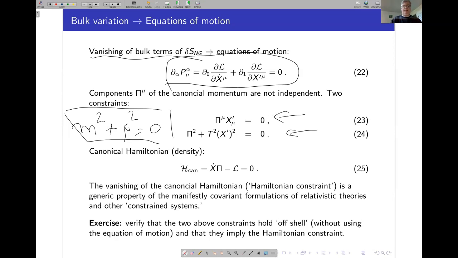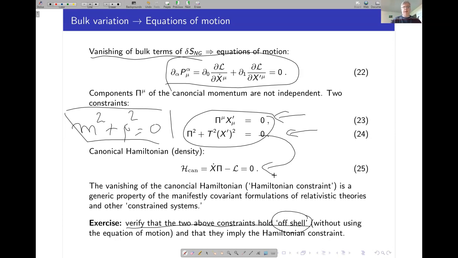These are the two independent constraints, and you can verify, I suggest this as an exercise, that these two constraints hold, and in demonstrating them, you do not need to use the equations of motion, so these are off-shell conditions. Off-shell always means without using the equations of motion. These are the two independent relations, but you can get other relations using them.